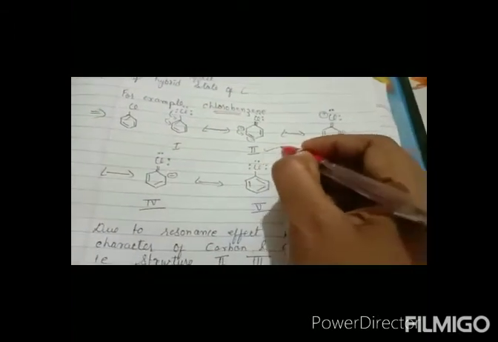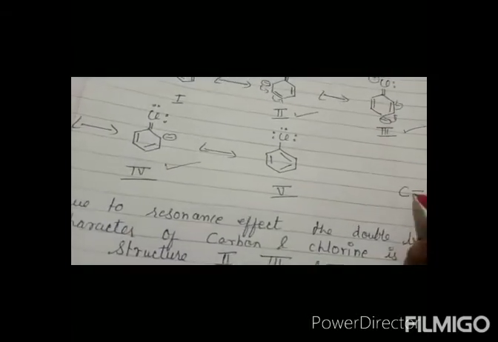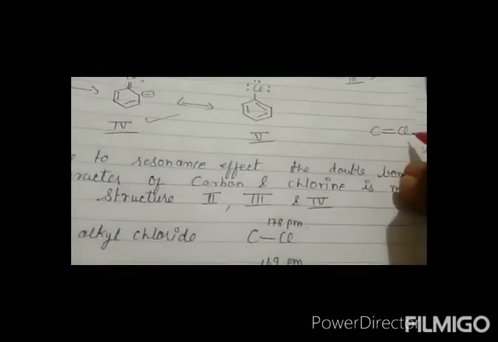Now in the entire resonating structure, we'll find that over here we have the double bond. In this structure we have the double bond between carbon and chlorine. Even here we have the double bond between carbon and chlorine. So carbon and chlorine, we have maximum number of the double bonds.